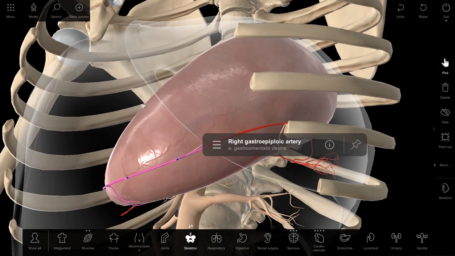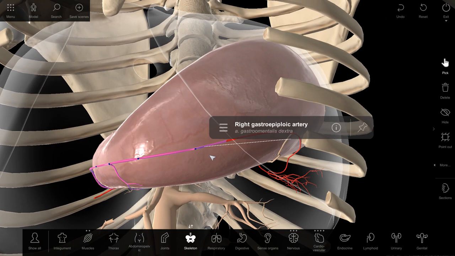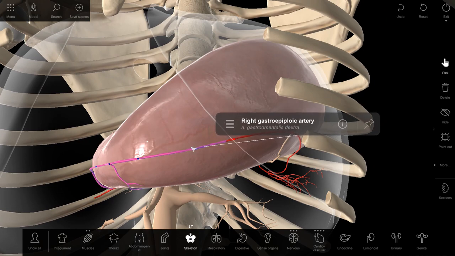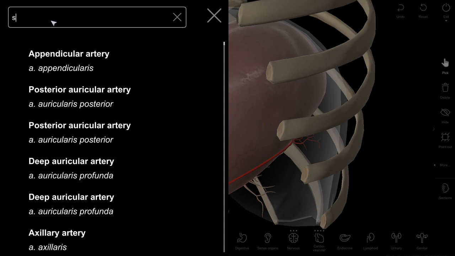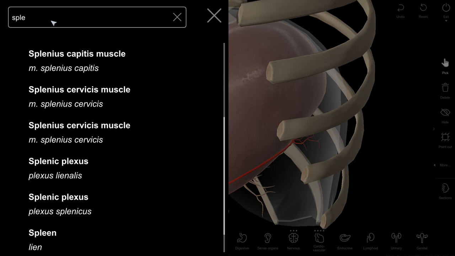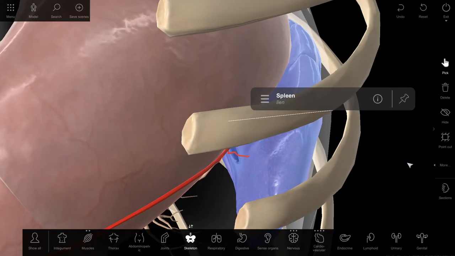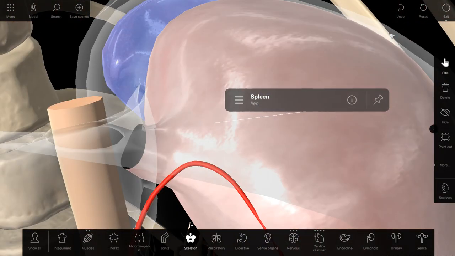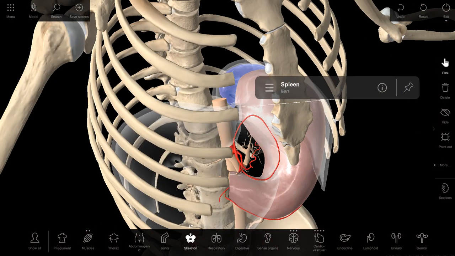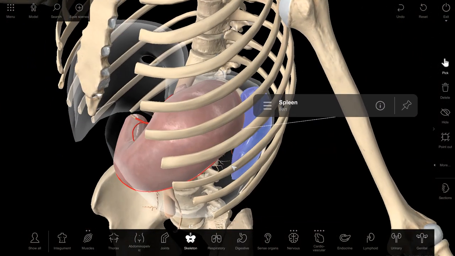And maybe last point, let's add the spleen, for best understanding the situation in whole.